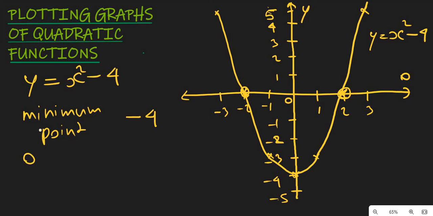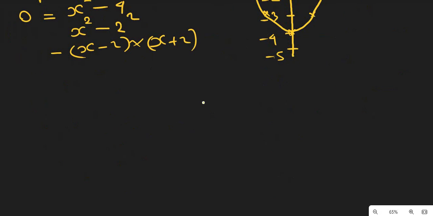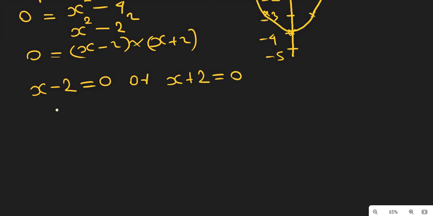Now from our previous knowledge, we know that if y is 0, x squared minus 4, that is x squared minus 2 squared, gives us x minus 2 into x plus 2 equals 0. Therefore, x minus 2 equals 0 or x plus 2 equals 0. Therefore, x equals plus 2 or x equals minus 2.